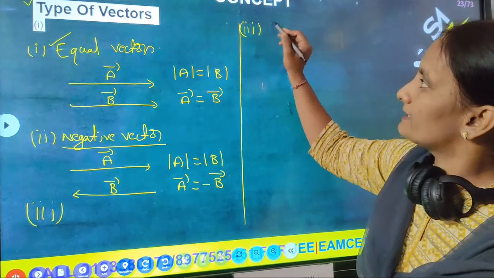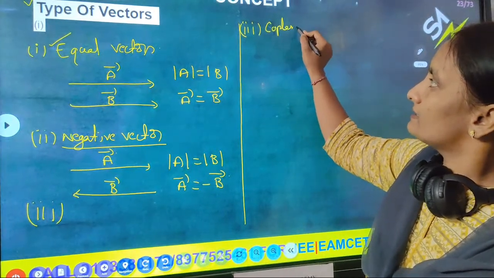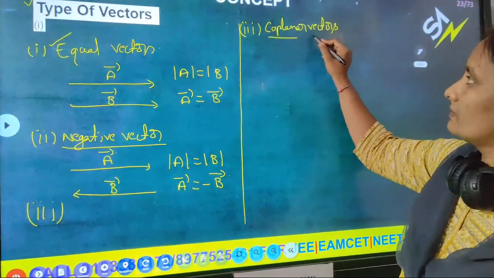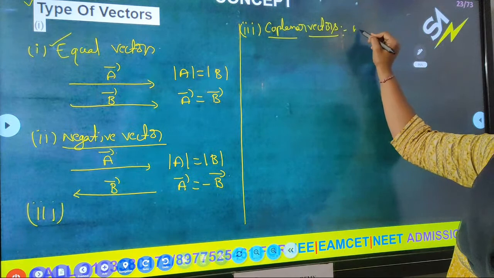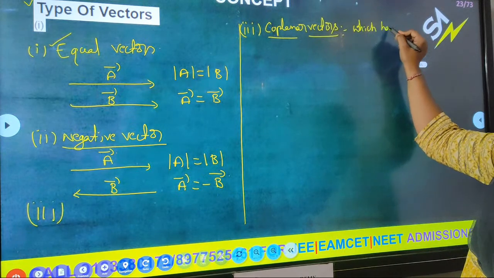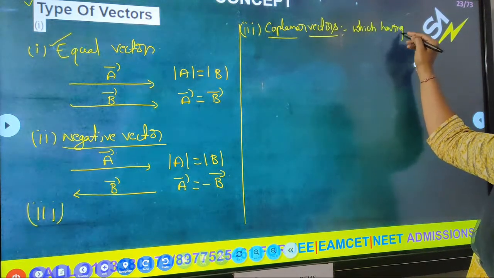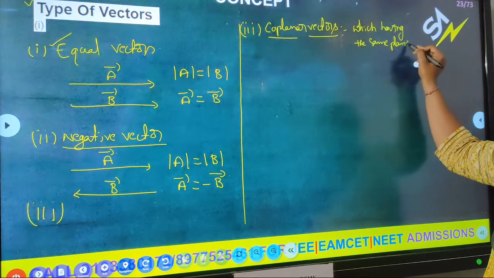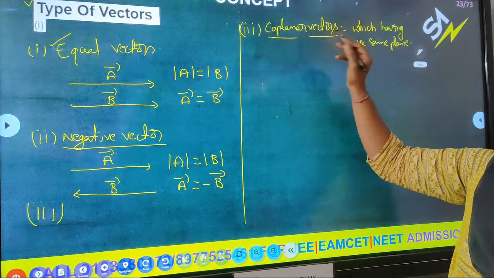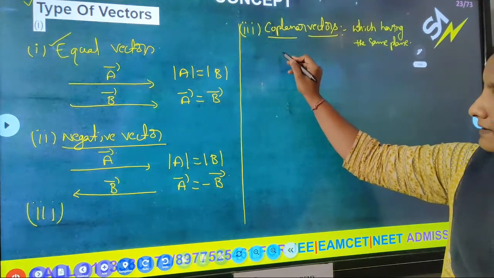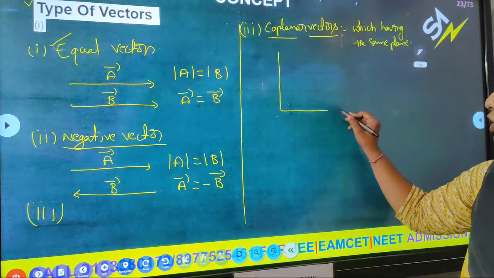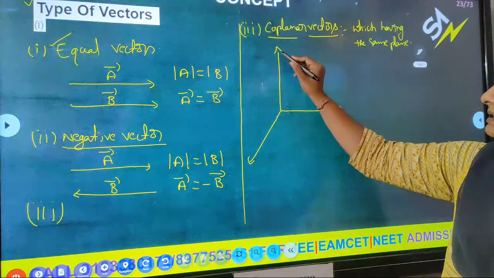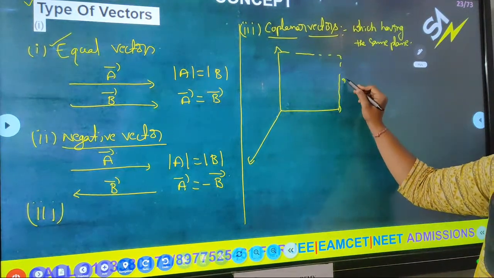Next type of vectors, coplanar vectors. Vectors which are having the same plane, that type of vectors are coplanar vectors. We have three different planes in our coordinate system along x, y, z axis. This is the xy plane.